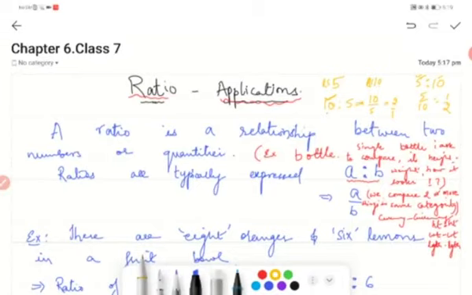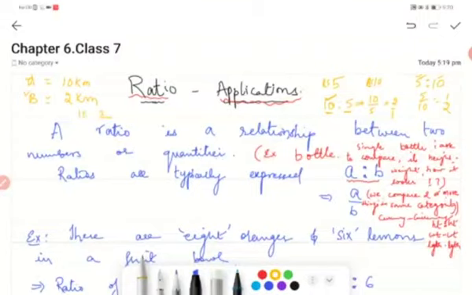And remember, whatever ratio you represent, the quantities will be of the same category. For example, if you are comparing the distance from school to your home, for student A it is 10 kilometers, and for student B, who is very nearby, it is 2 kilometers. So the ratio of the distances of student A to student B is 10 is to 2.